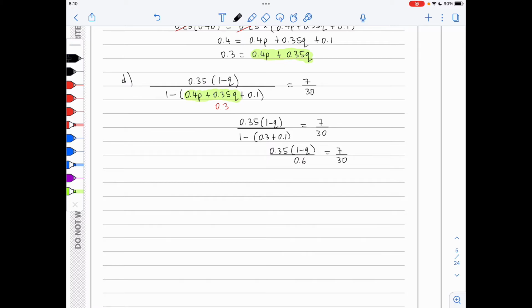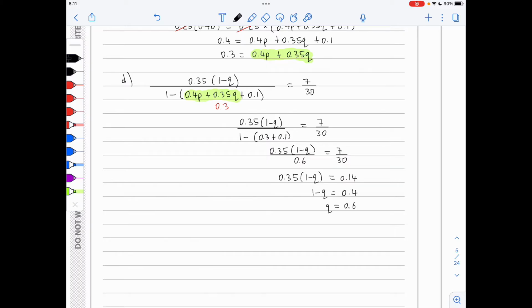Now I can cross multiply to get that 0.35 times 1 minus Q is equal to 0.14, and therefore 1 minus Q is 0.4, which makes Q 0.6.